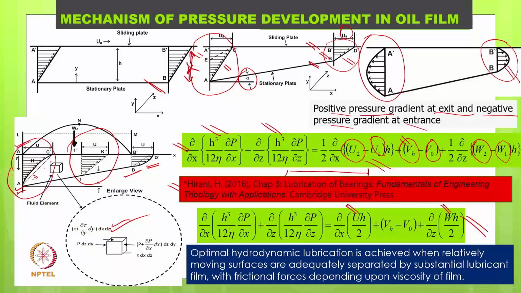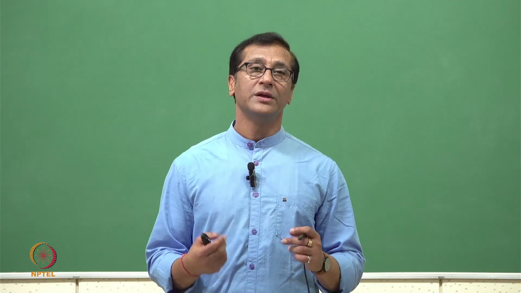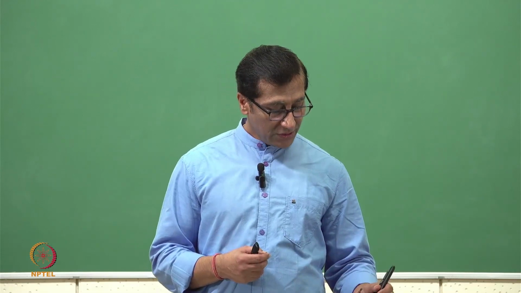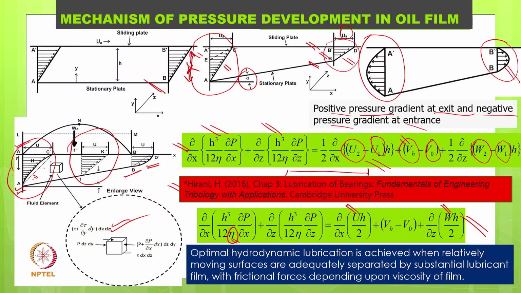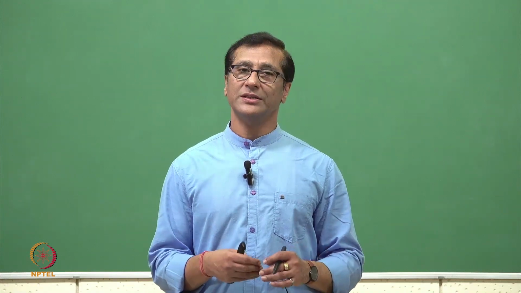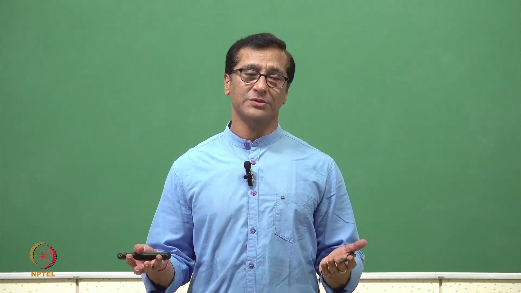Now in this case, I can assume eta as a function of the temperature and the pressure, because the pressure-viscosity effect will come, and temperature also. Another thing is that then it will be highly non-linear. Sometimes we assume viscosity is constant for the time being. It's an isothermal case. Viscosity is not going to change with the temperature, and there is no change in the temperature because of this.